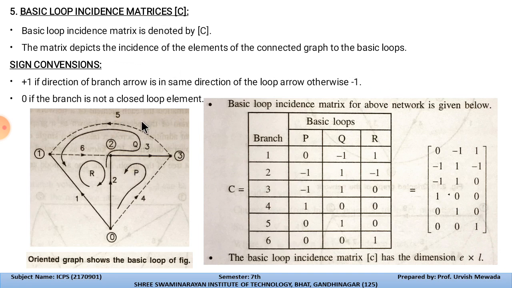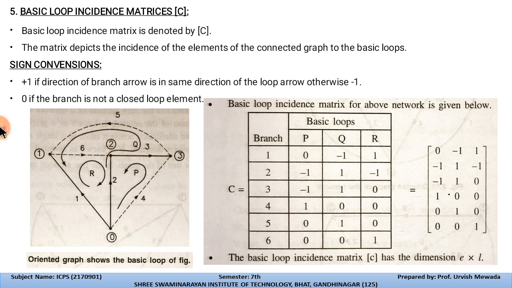We already have a tree and co-tree graph, or we can say an oriented graph, so we can check out the basic loops of a particular oriented graph. In this oriented graph you can see that we have this loop 1, this is the second loop, this is the third loop. This is how we can form the loops. A loop indicates a closed path. The basic loop incidence matrix is basically denoted by C.